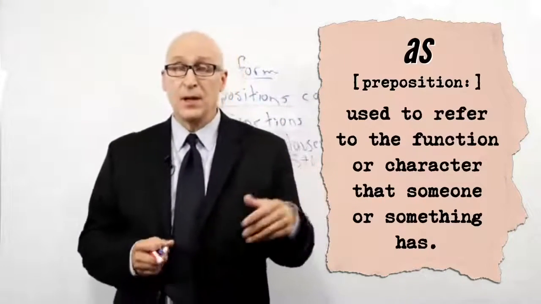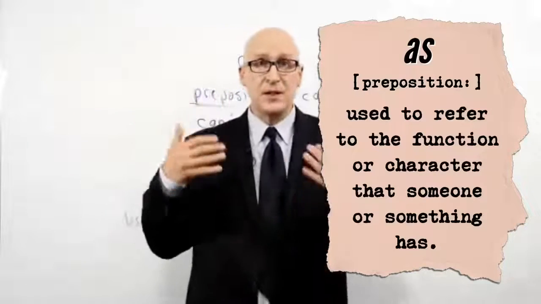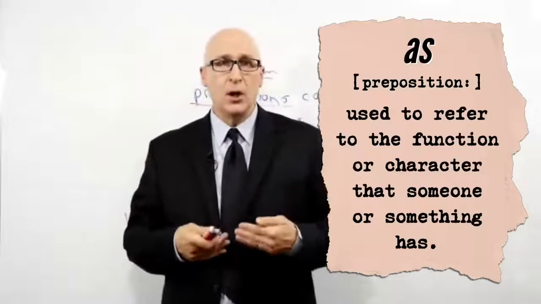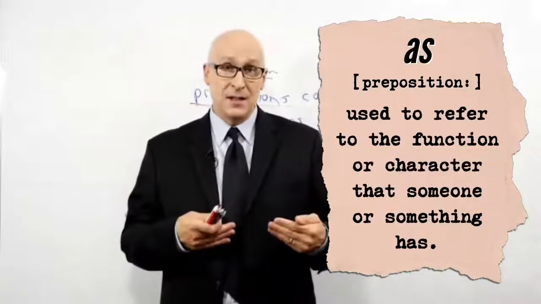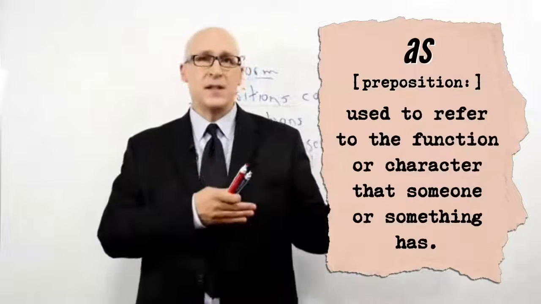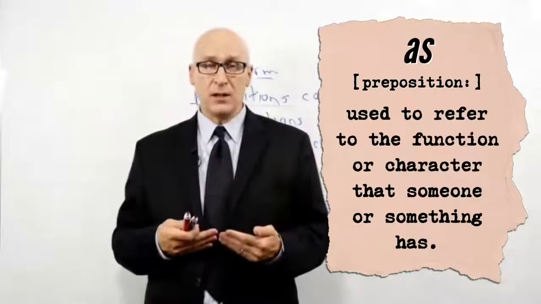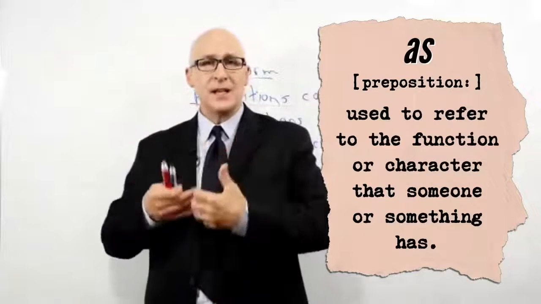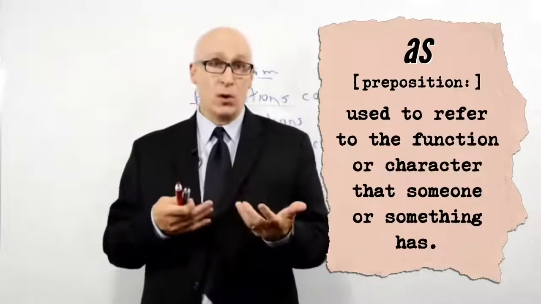So for example, when we use as a preposition, the one way we can use it is when we say something like, Paul works as a teacher. Paul works as a teacher. That's my function. Doesn't mean I'm similar to a teacher. I am a teacher. It means that is my function or my role.